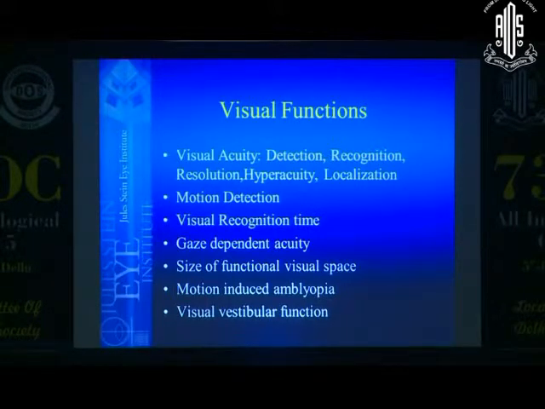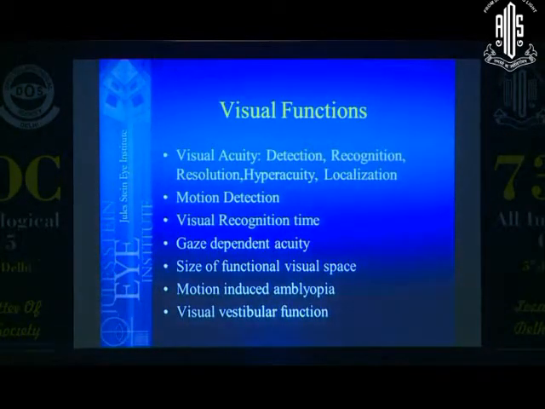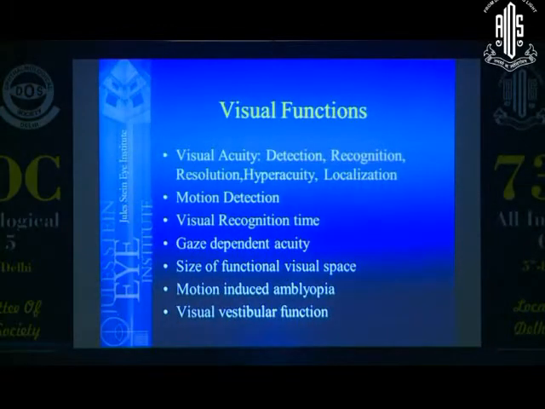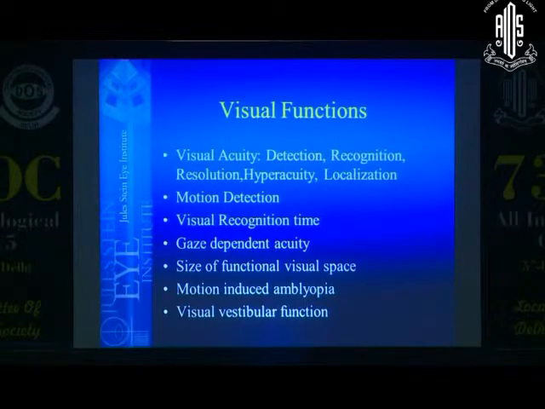And these are some of the visual functions which have been studied. The visual acuity, not just a measure of what we take on any of the charts, the Snellens or the HOTV or none of those. There's much more to it than just that. Detection of motion, recognition time of a stimulus, gaze dependent visual acuity, which means how does he see with a particular face position.